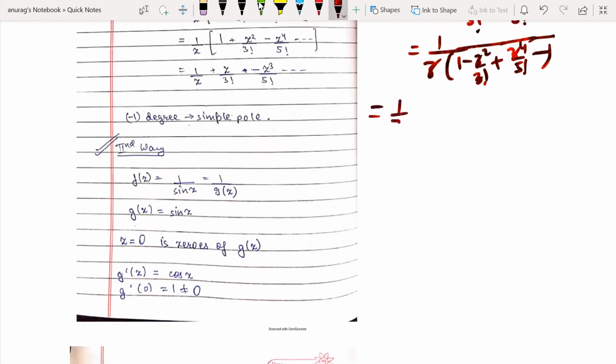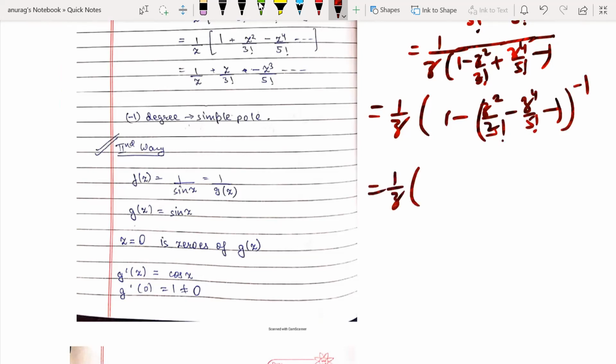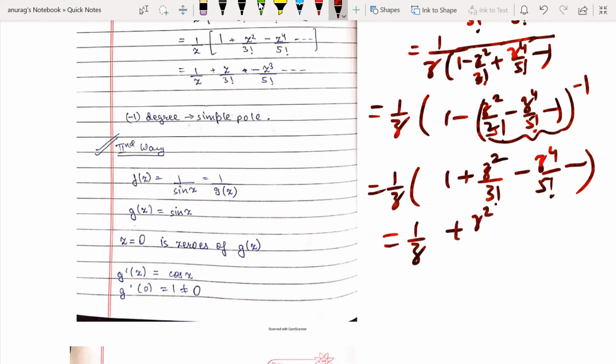It is equal to 1 over z, (1 minus z square by factorial 3 plus z to the power 4 by factorial 5 and so on) to the power minus 1. It can be written as 1 over z times (1 minus X), suppose X is this, then expanding and multiplying 1 by z inside, it is 1 over z plus z by factorial 3 plus higher positive powers.